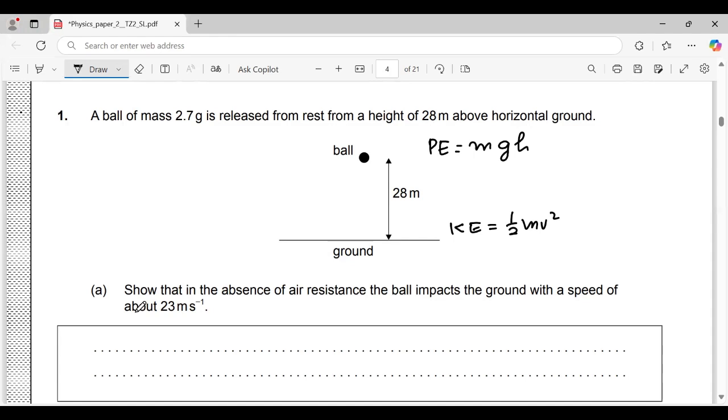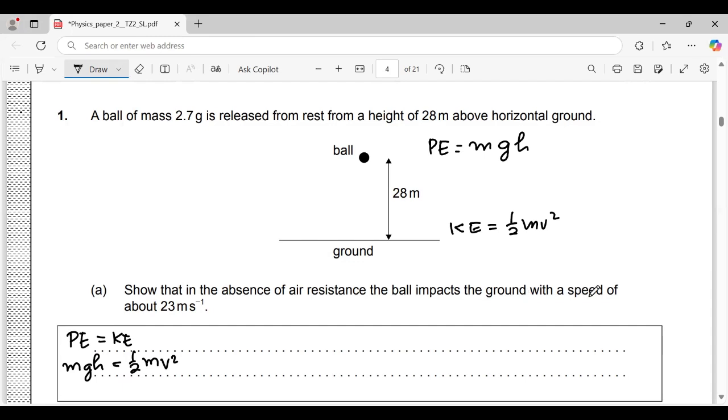According to conservation of mechanical energy, potential energy equals kinetic energy in this phenomenon. So it means m times g times h equals half mv squared.